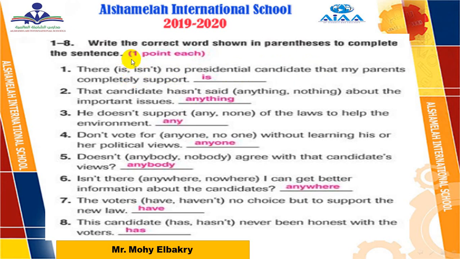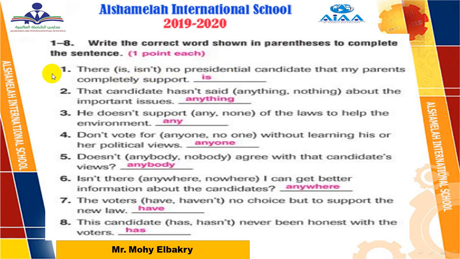So it will be is. Okay? Why, mister? Why don't you choose isn't? Because we have no. If in the sentence there was any, so it will be isn't. There isn't any, but here no, so it will be there is no. There is no equal there isn't any.